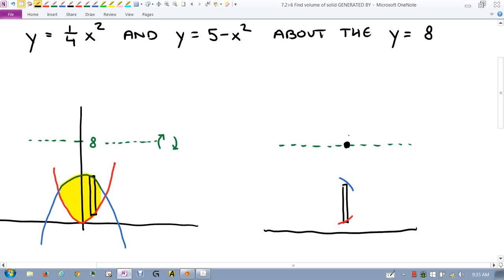You're a person standing here, that's the top of your head, and you're looking out towards this thing. This red edge is the one that's furthest away from you, isn't it? That's now your outer radius. And what we need to determine is, what is this distance from here to that bottom edge? So what is that distance?